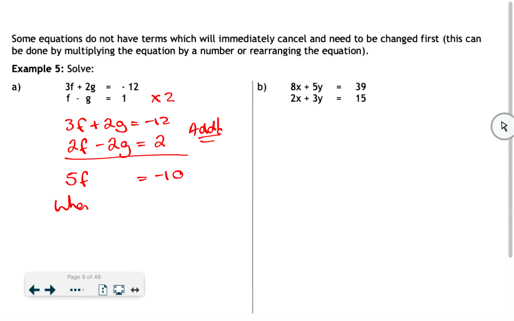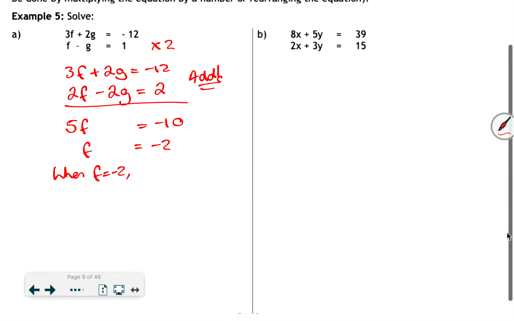So when 5f is equal to minus 10, f has to be minus 2. When f is equal to minus 2, substitute into any equation. It doesn't matter which one you use. I might actually just go for the bottom equation because it doesn't involve any big multiplication.